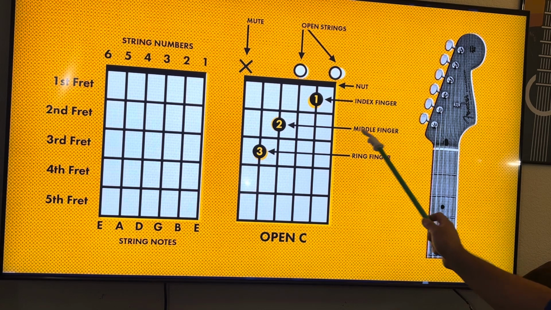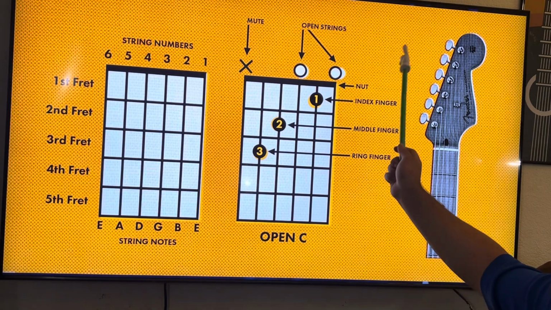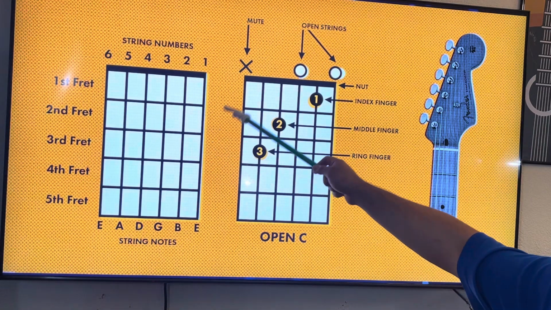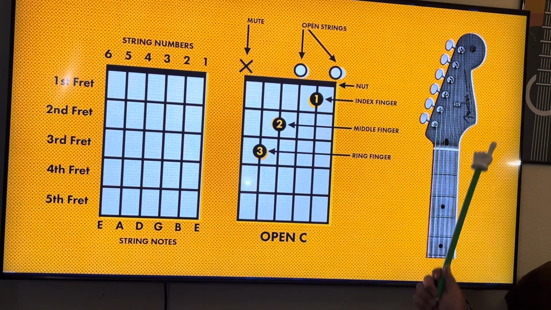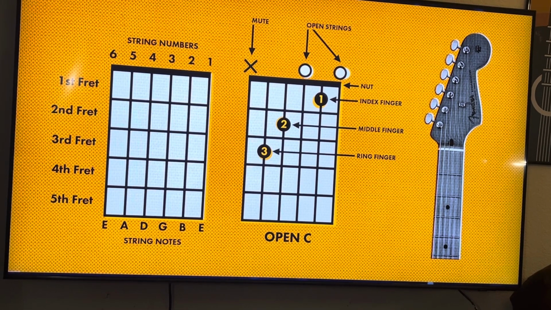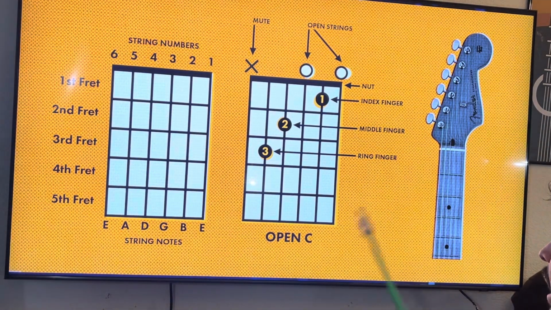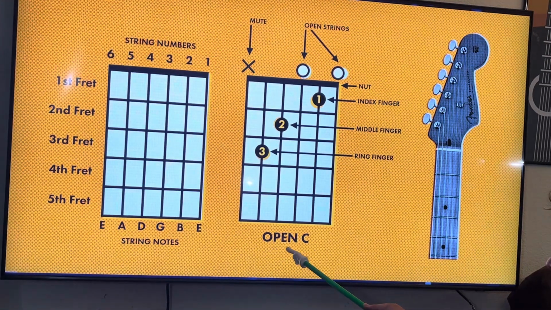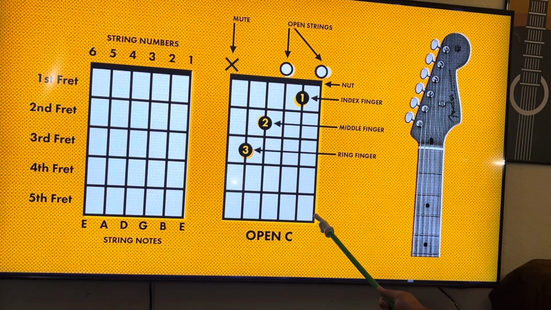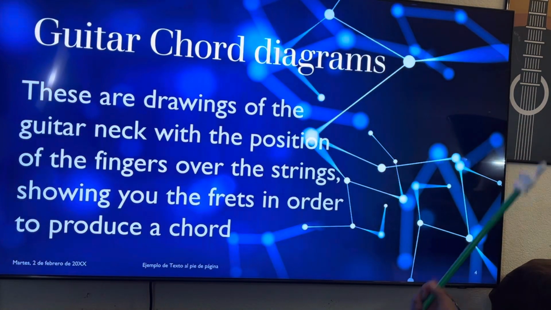E strings are always going to be right here. Your E, B, G, D, A, E, E, A, D, G, B, E. It's really important to know them literally front and backwards, right? So, as you can see, we have the open position of the C major. Yes. So now we're going to go ahead and go to the next slide.